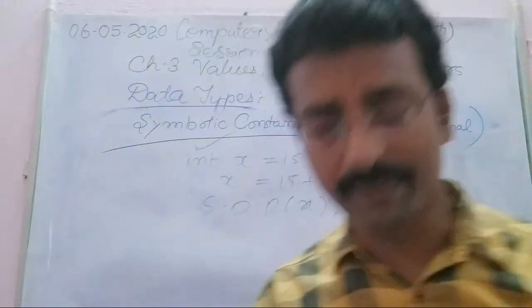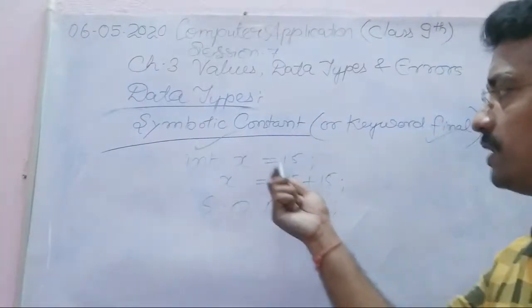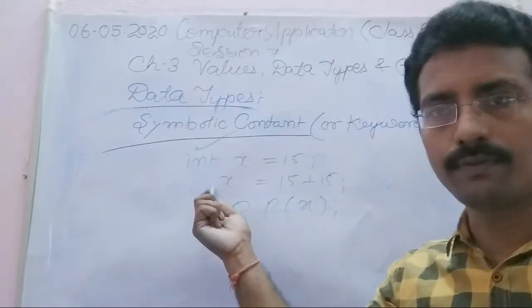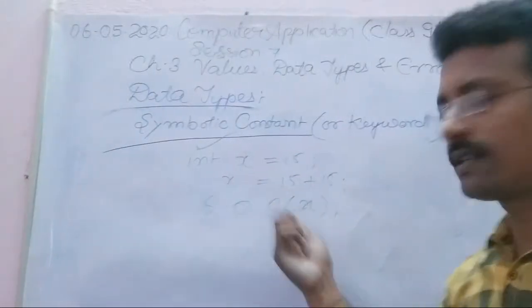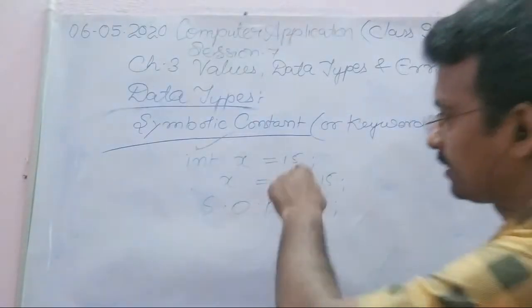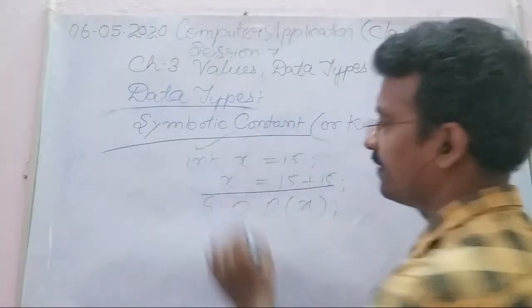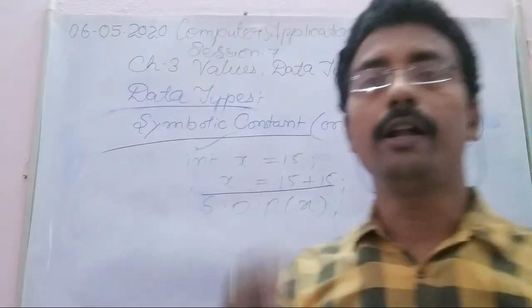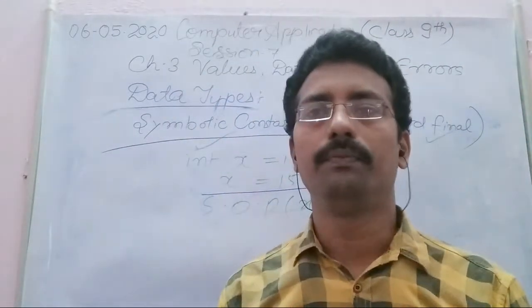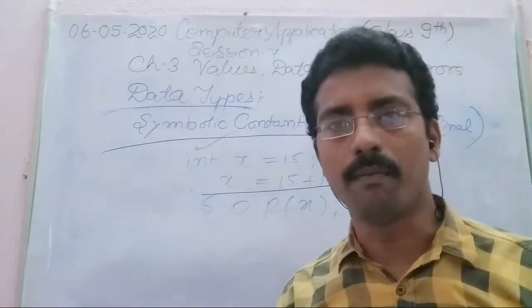If I ask what will be the result, you will say obviously it will be 30. First its value was 15, and the next value will be overwritten on the last value, so the last value printed will be 30. I want to fix this 15. If I make any change in the variable's value, it should not be changed. So what should I do? What operation should I perform here?